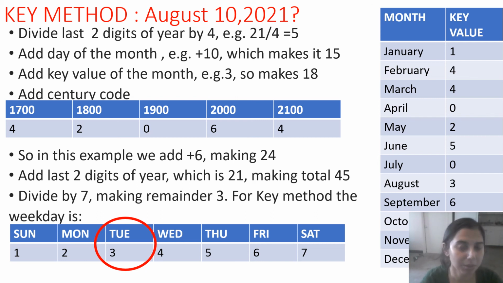But if you don't want to go through that long method, you can follow Zeller's method or the key method. With these two methods, all you need to know is the specific date. You can plug it into the formulas and find which weekday those dates will fall into.